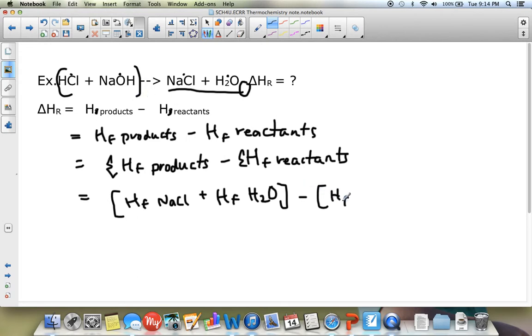So heat of formation of HCl plus the heat of formation of sodium hydroxide. And if we have values for these, we can plug them in and solve.